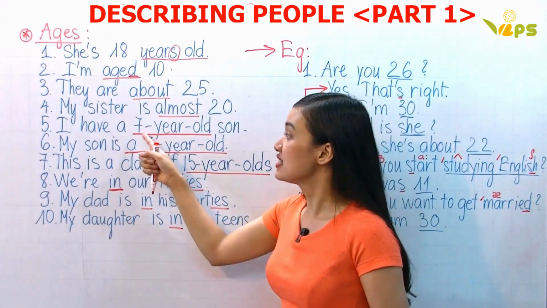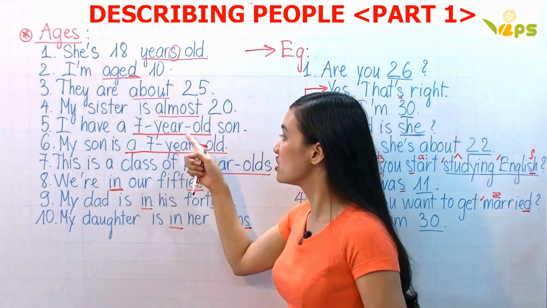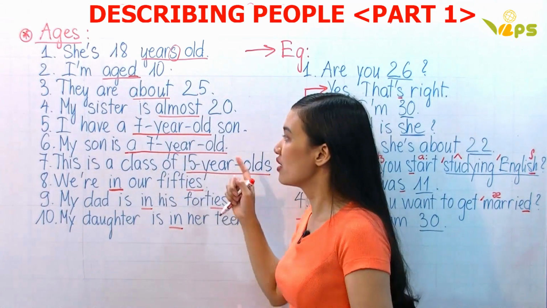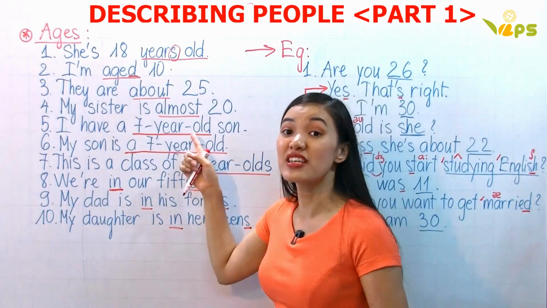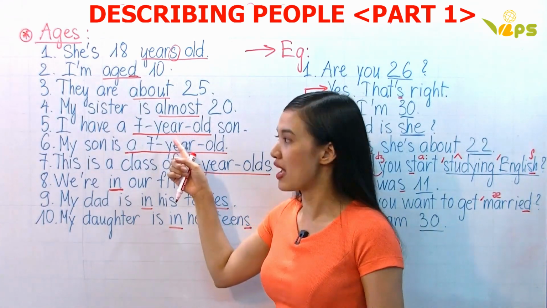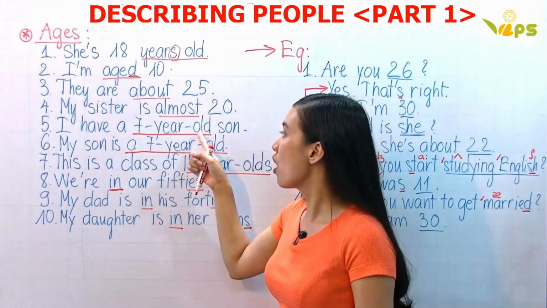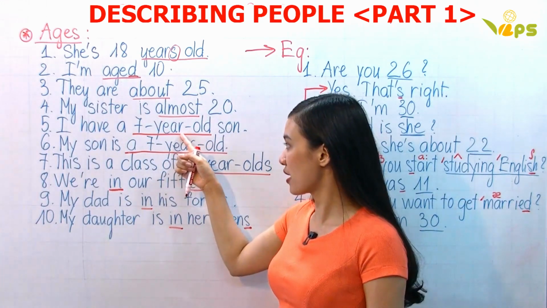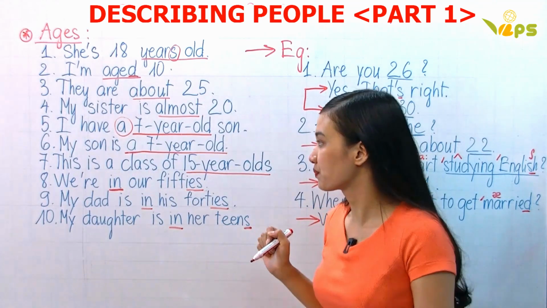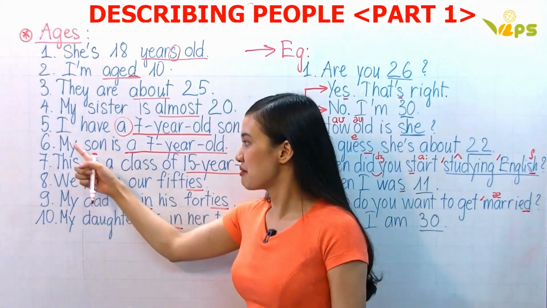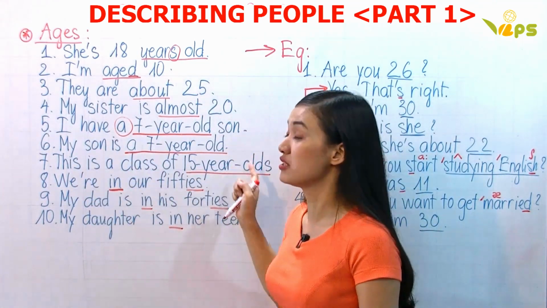In this way, 7 is more than 2, but we don't use s here, because when a noun is used as an adjective, we don't use s. 7-year-old son. No s here. Okay, a 7-year-old son. Or you can say, my son is a 7-year-old.